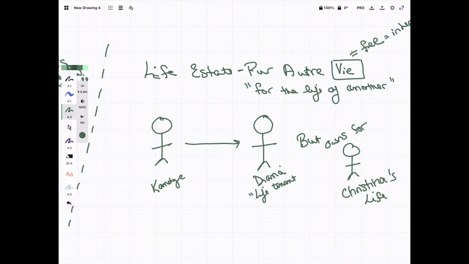So in a per autre vie life estate, I'm giving ownership to Diana, but we want to know for how long. It's about Christina's life. She's the clock. So if I give this property to Diana, Diana, you own it. For how long? Until Christina dies.